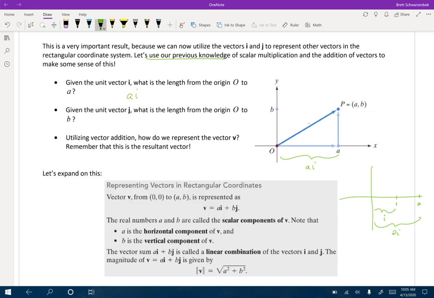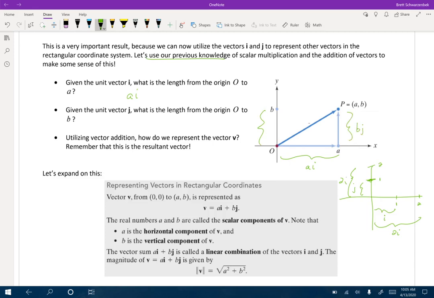It makes sense that if we're going in this direction, this was 1, and we know that this length is j. So if we wanted to go to 2, that would be 2j. If this distance here is b, then this distance has to be b times j.